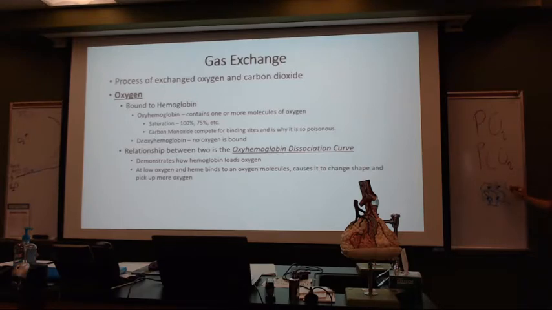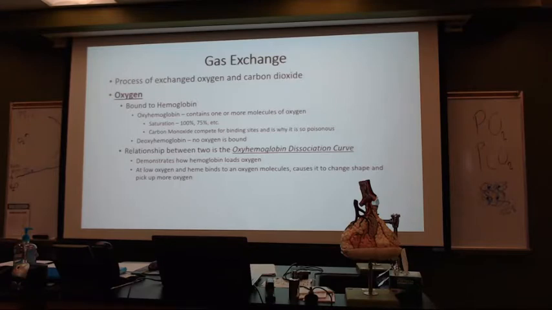So, if each one on this 1 hemoglobin could attach an oxygen, it would be 100% saturated. Meaning, that 1 hemoglobin and that 1 red blood cell was carrying all 4 possible oxygens.